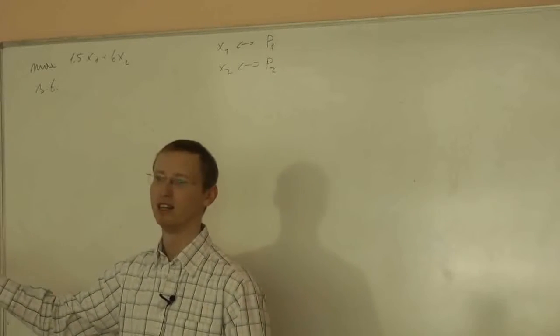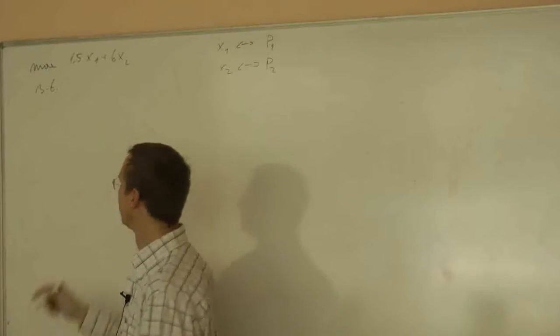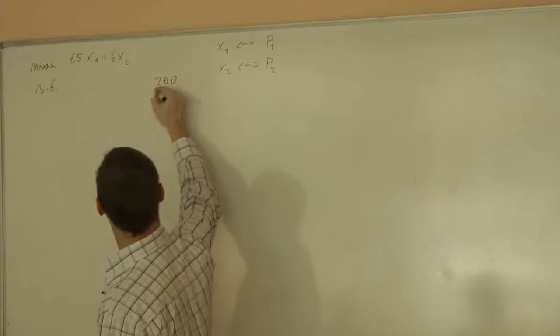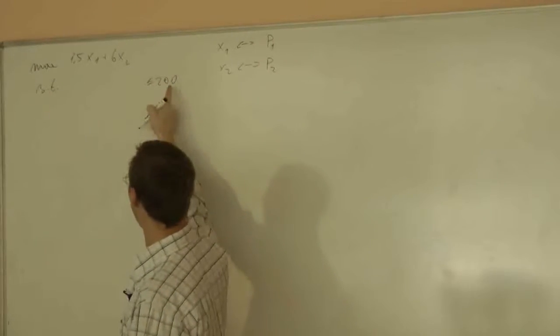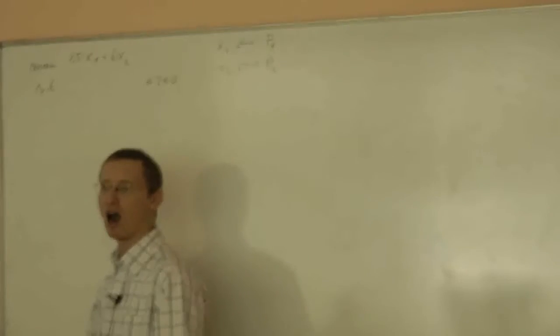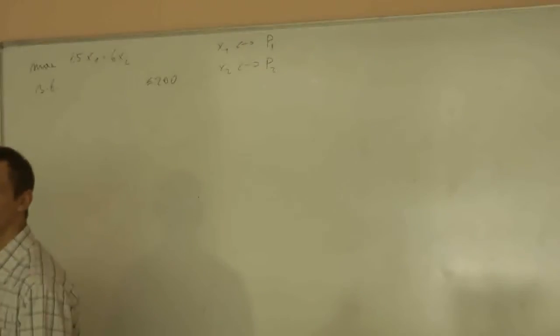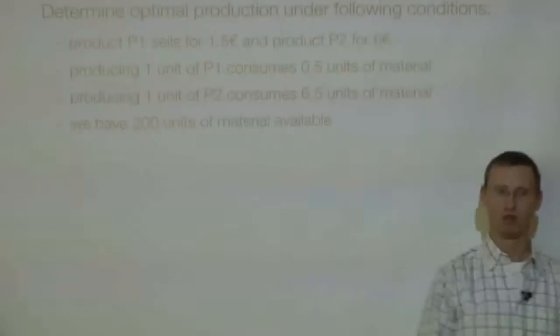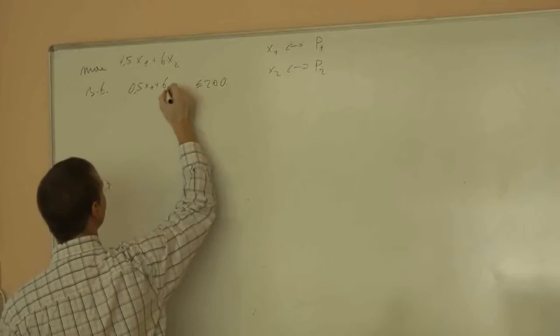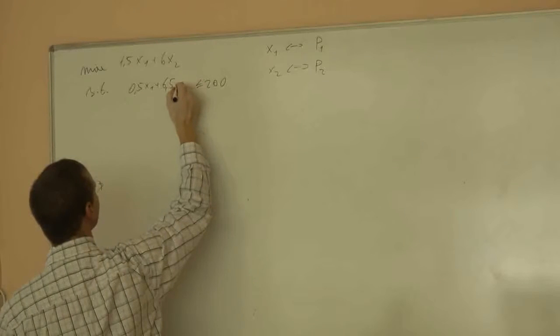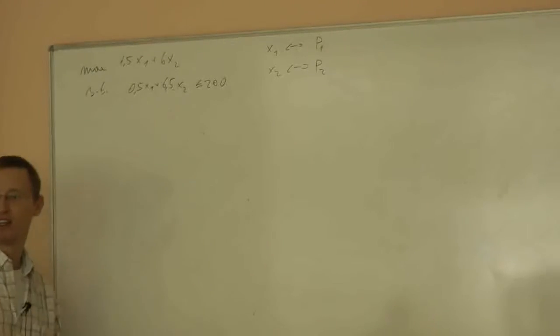How do we formulate it? The amount of material that we consume must not be larger than 200. Now, how much material do we consume? Well, it's 0.5 times x1 plus 6.5 times x2.